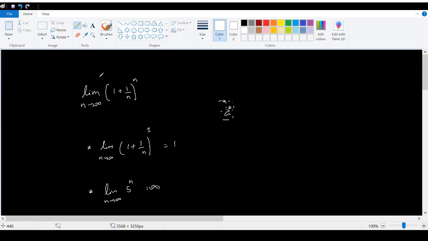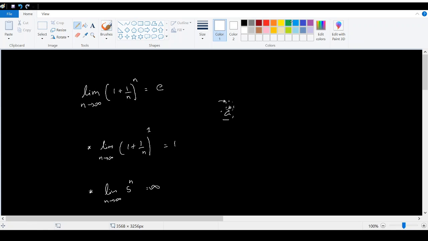And mathematicians have proved the limit of this term to be equal to e by a separate method. It's not a direct plug-in or direct substitution, but with a totally different approach, the mathematicians have proved that the limit of this term is equal to e.